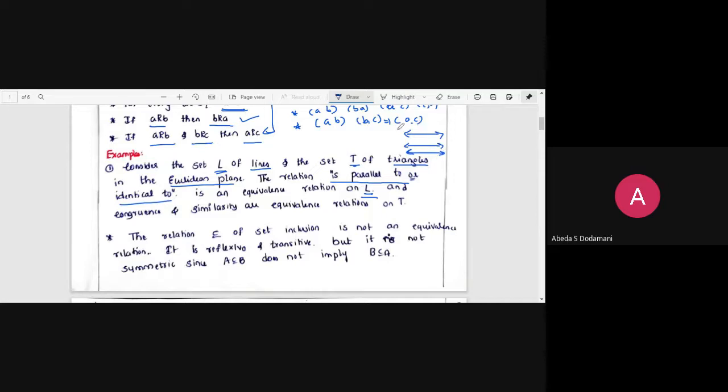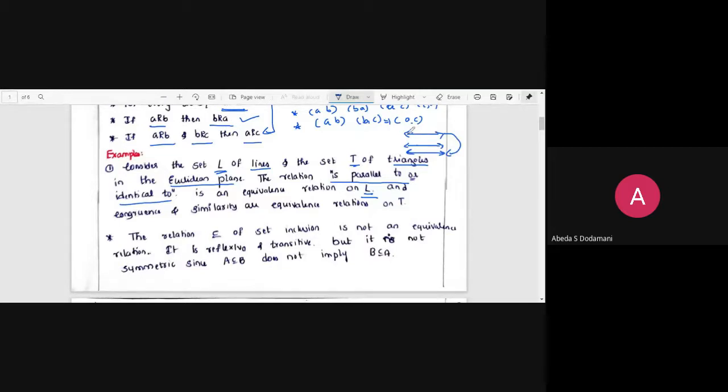So for example, in a Euclidean plane, you can take the lines and say that A is parallel to B and B is parallel to A, so symmetric. A is parallel to C, C is also parallel to A, that is again symmetric. Then if A is parallel to B and B is parallel to C, then A is parallel to C, so it is transitive.